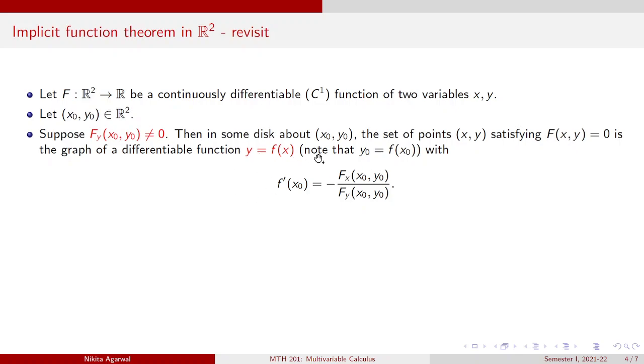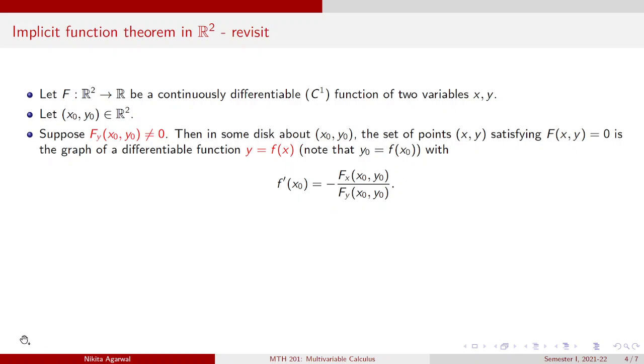Now, because you are on the curve, y naught should be equal to f(x naught), right? Because that should be satisfied by this equation. And f prime of x naught is minus of partial F_x at x naught, y naught divided by partial F_y at x naught, y naught, right? So this is what we saw last time.